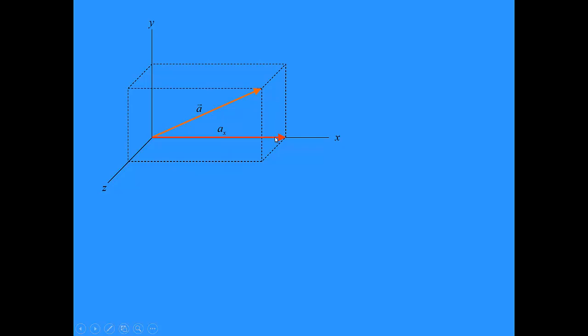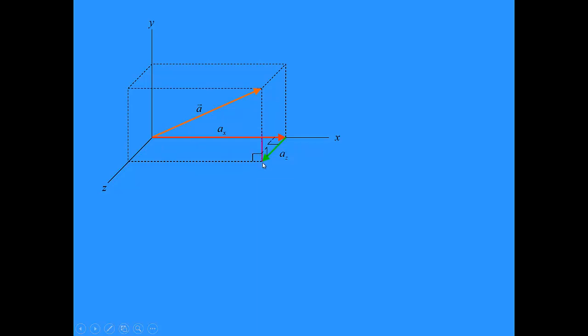If you want to be technical, this is the projection of A onto the x-axis. Here is A sub Z, the projection of A onto the z-axis. Notice they are at right angles to one another. In this picture, it helps if you draw the little right angle symbol and make them parallel to the axes. See? Parallel.